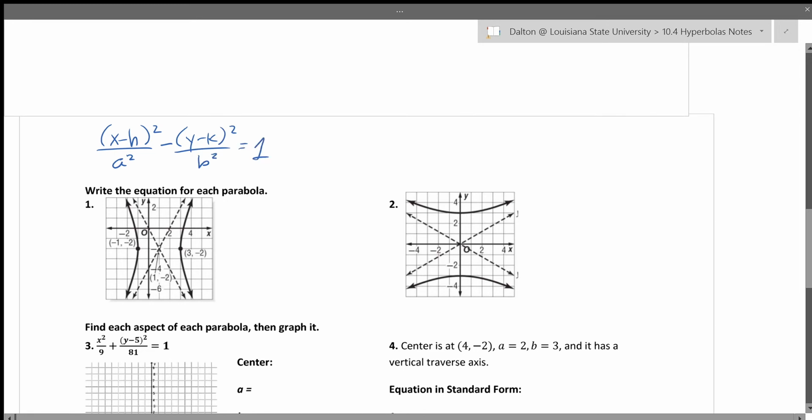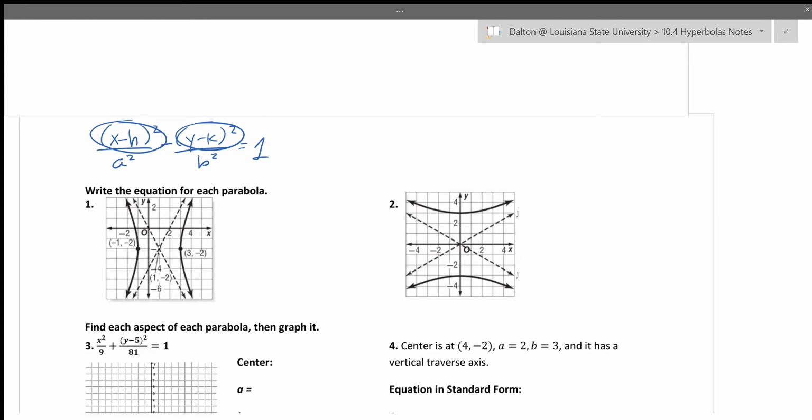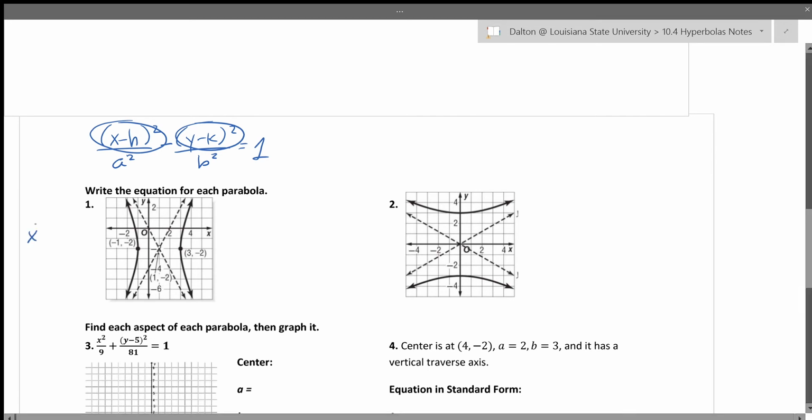And again, these two numerators are interchangeable depending on if your vertices are along the x-axis or they're along the y-axis. Okay, for number 1, first thing to notice is that our vertices are horizontal with one another, which tells us that the x squared term will have to be first.